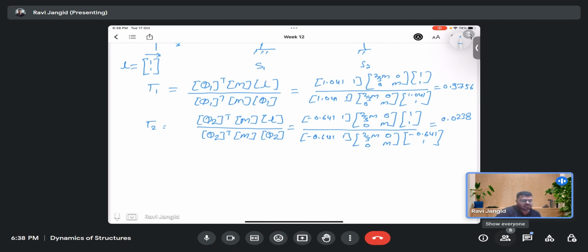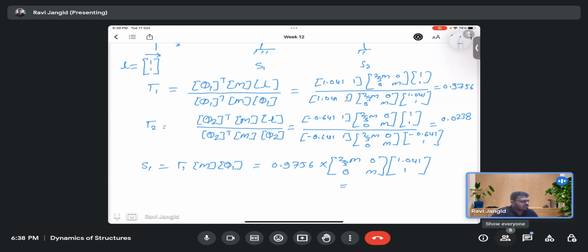Now we will calculate S1, gamma 1 times mass matrix times phi 1. So gamma 1 is 0.9756, mass matrix 2 by 3 m, 0, 0, m, times 1.0411.